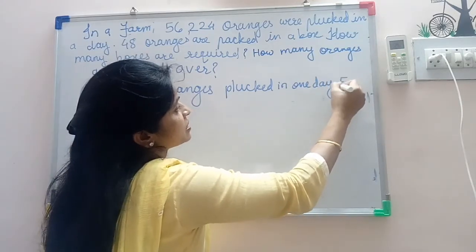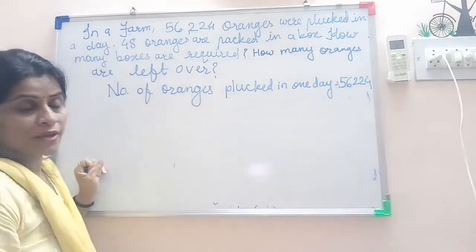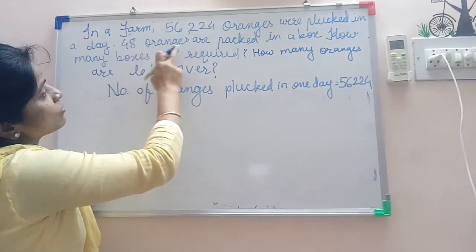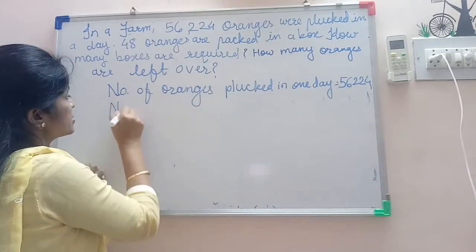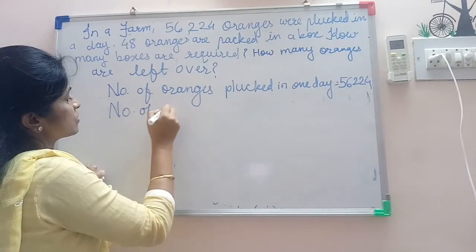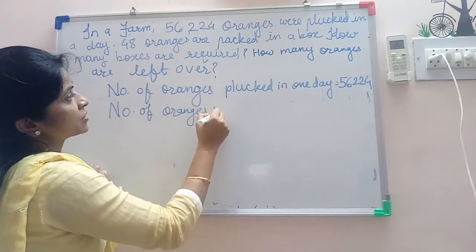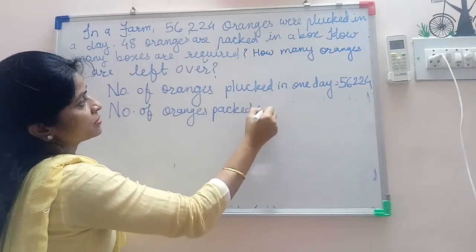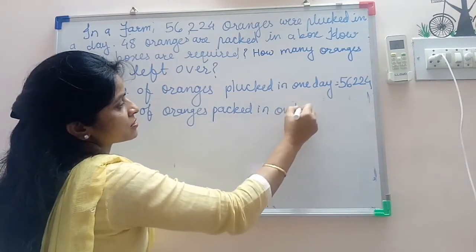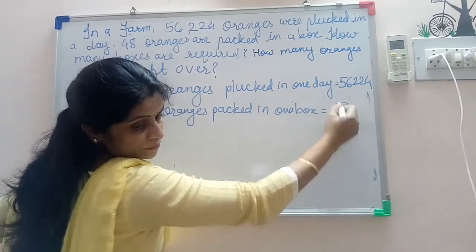It is 56,224. Okay. Now 48 oranges are packed in a box. Number of oranges packed in one box is equal to 48.